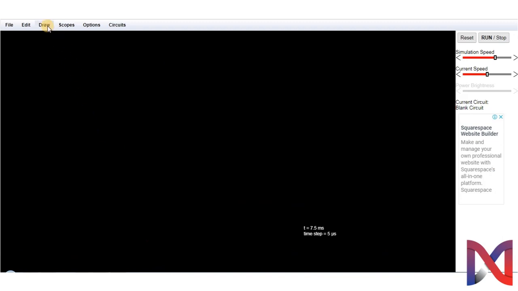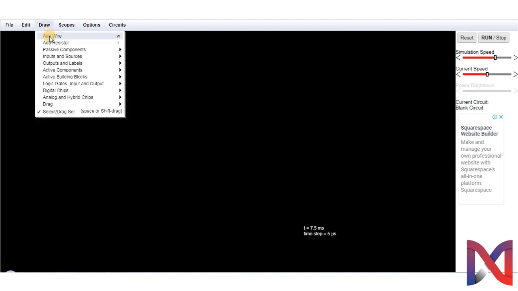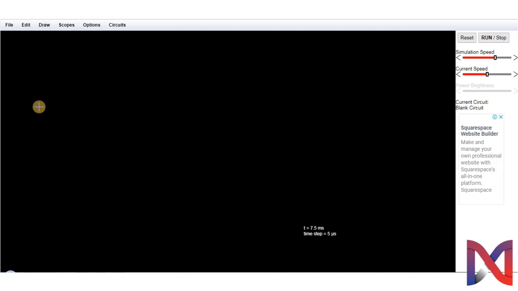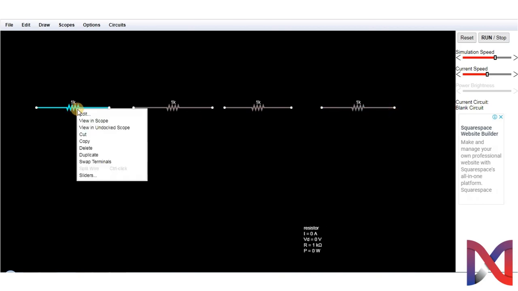We will now put 4 resistors in series. We will go to draw, add resistor, first resistor, second, third, and then fourth. Now we will change its values.